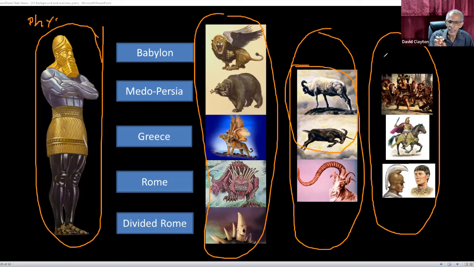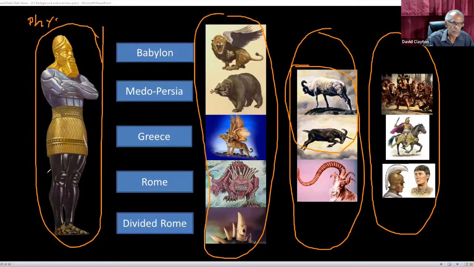Then the sanctuary being restored, meaning that the worship system of the kingdom is reestablished. And then finally, the people delivered, meaning that the people of the kingdom will finally be restored to their place. So this is why in the book of Daniel we have 4 different prophecies.